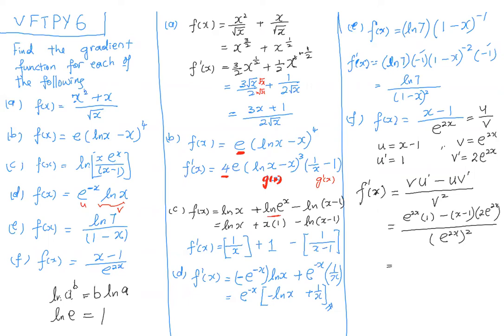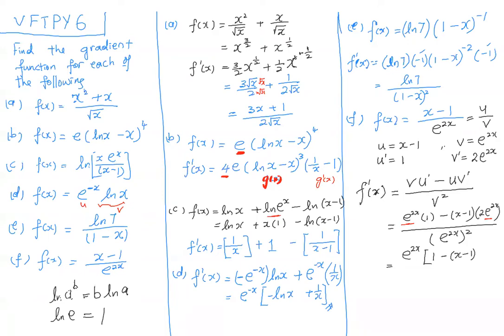Now, whenever you see a common factor, it's good that we factorize it. So you take out the common factor. So this one is 1. Take away x minus 1.